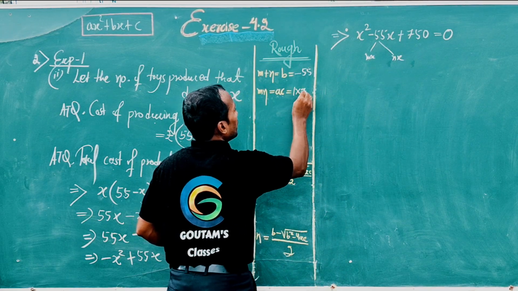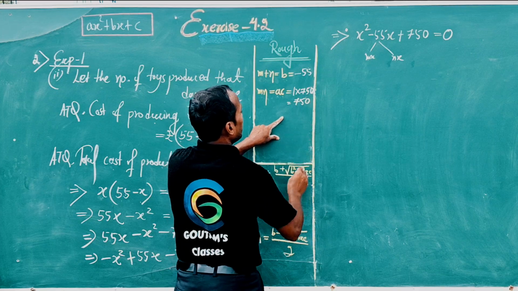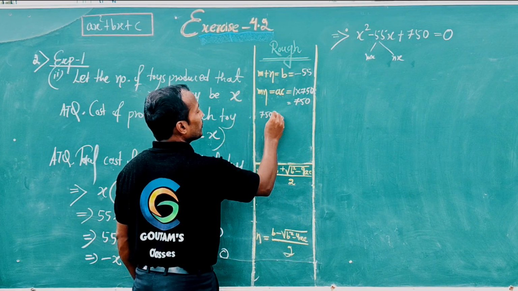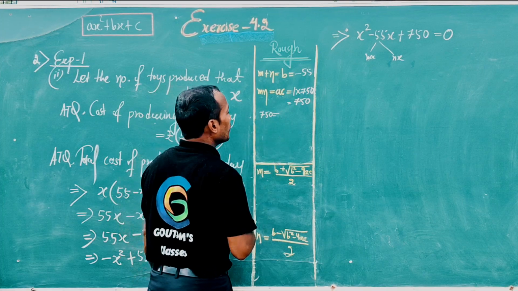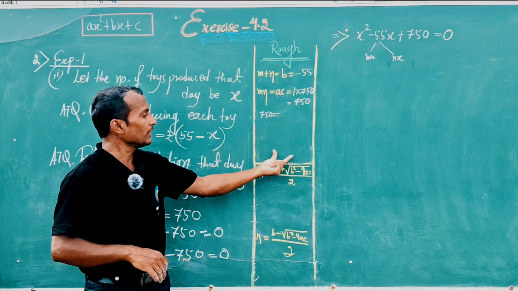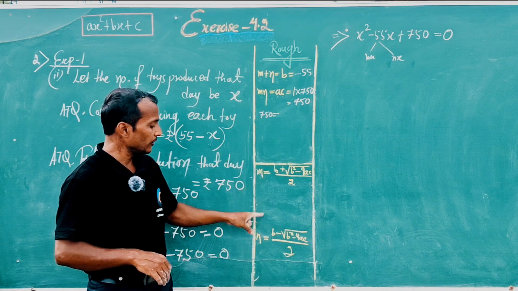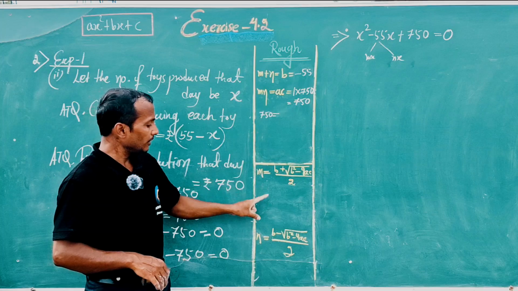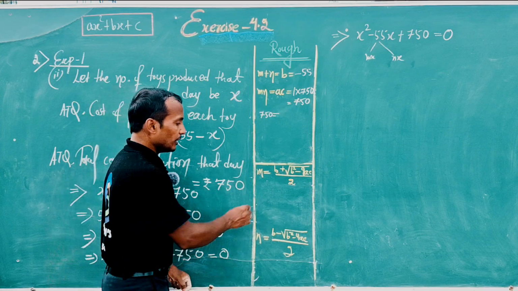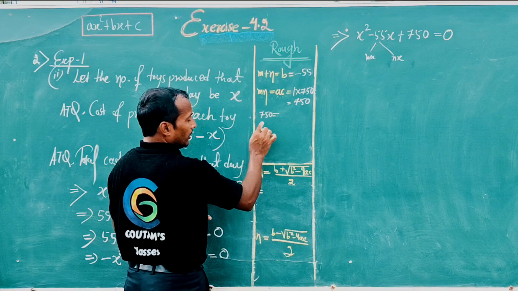So 1 into 750, that is 750. If you try to find out different ways to represent 750, you can go for that. But you may face a longer list of pairs of numbers. So instead of that, if I go for this, it will be better, I think. Here I simply focus on calculation, then it will come out. You can go for this, no problem, if you can try.